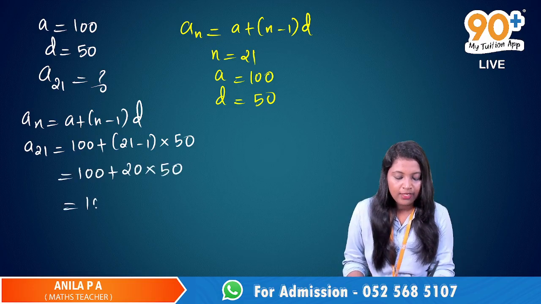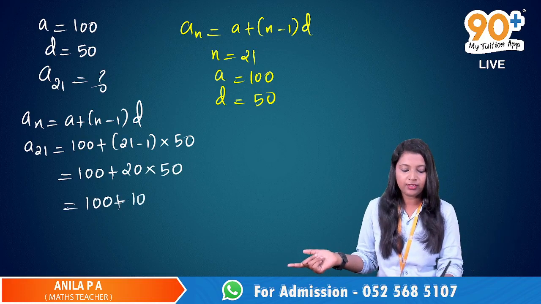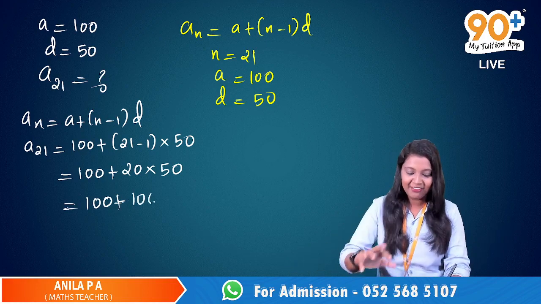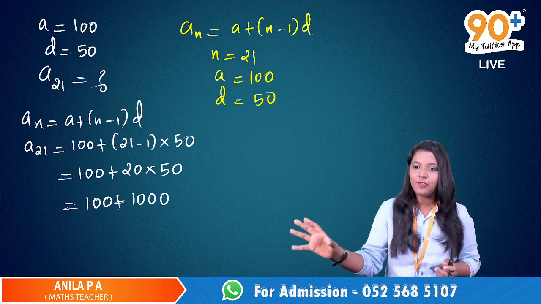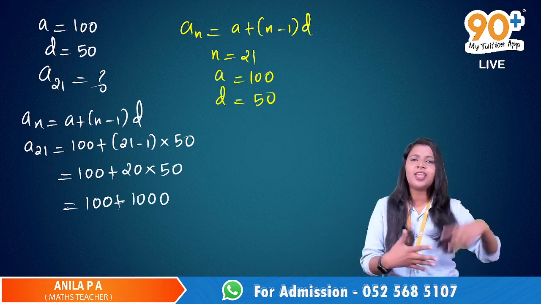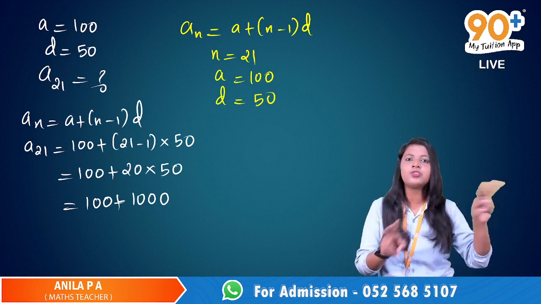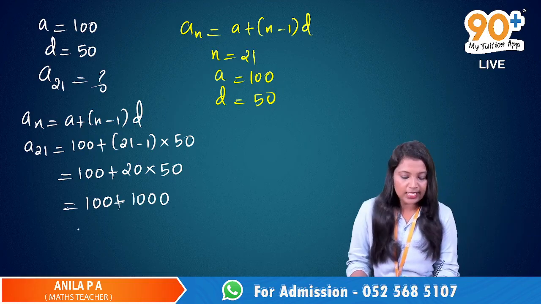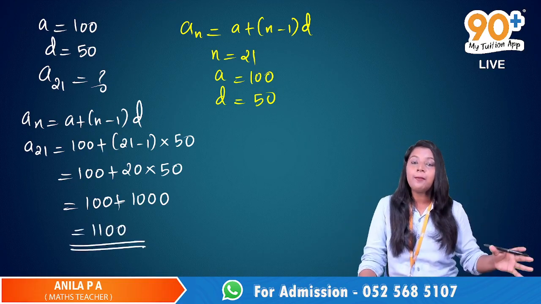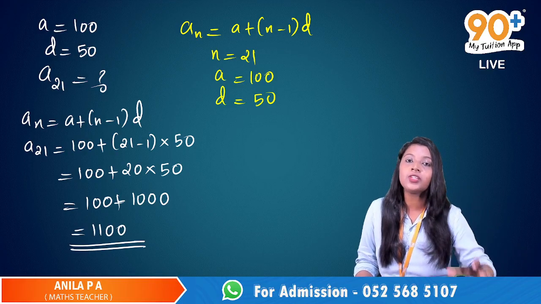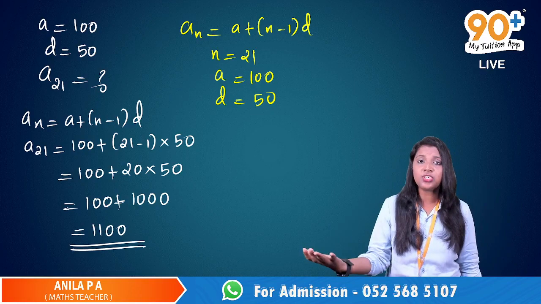Instead of multiplying 20 and 50, you multiply 2 and 5, which is 10, then put 2 zeros. So this is equal to 1100, or the amount this mother is putting into the money box on her 21st birthday. Is the question over?